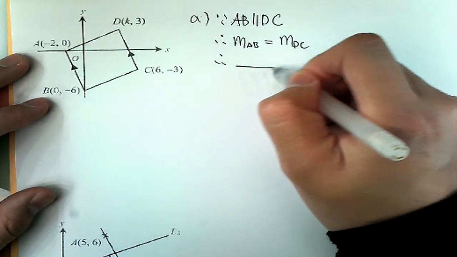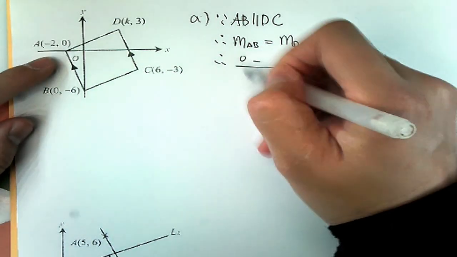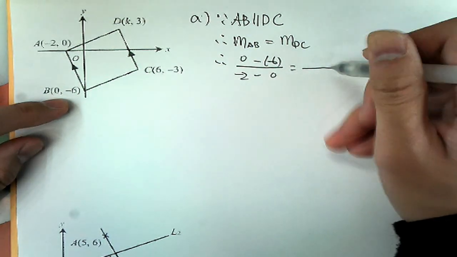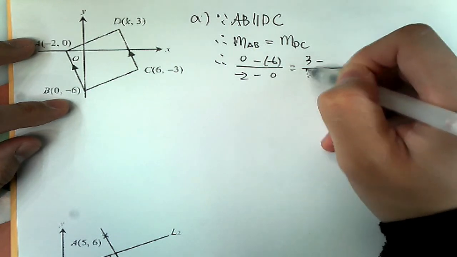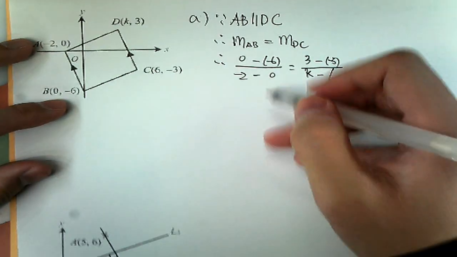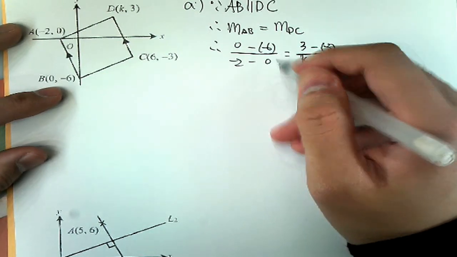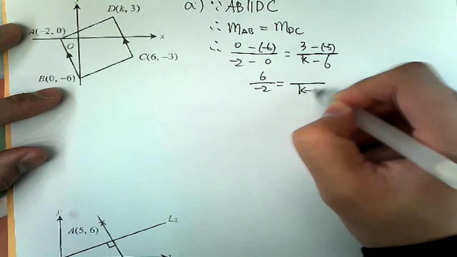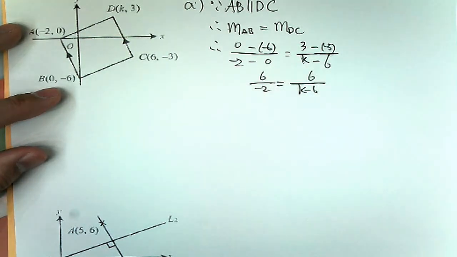So in the same way, minus, minus, 0 minus 2 over minus 6, 0, here minus minus, okay, 3K minus 3 over 6. Here is actually positive 6 minus 2, and then K minus 6. This is positive 6. Understand?